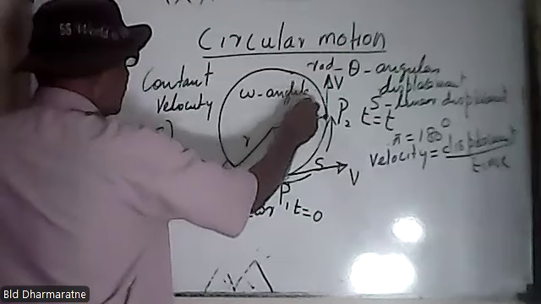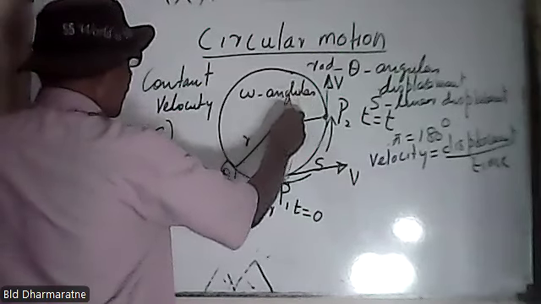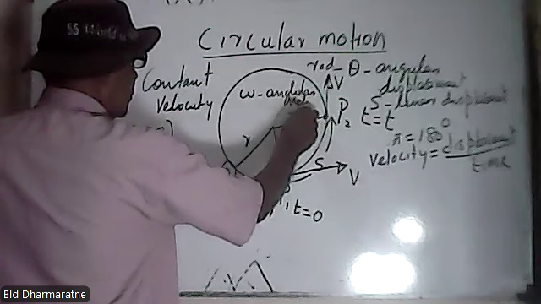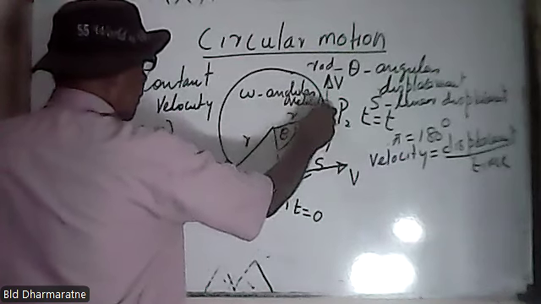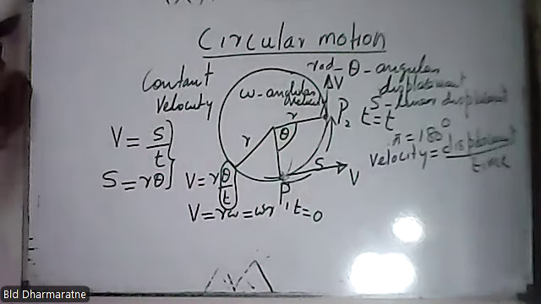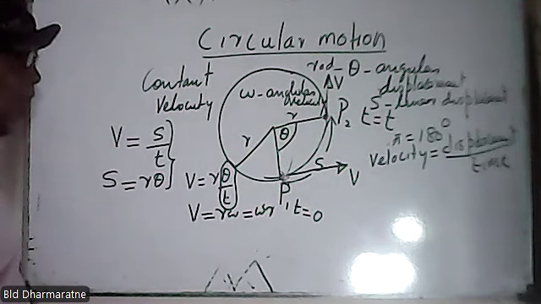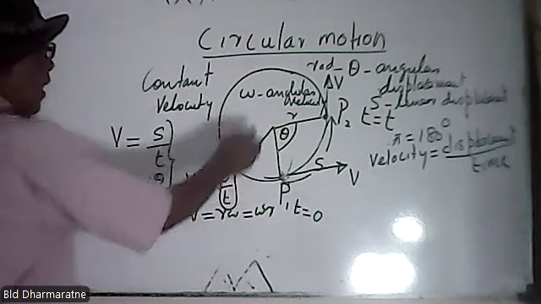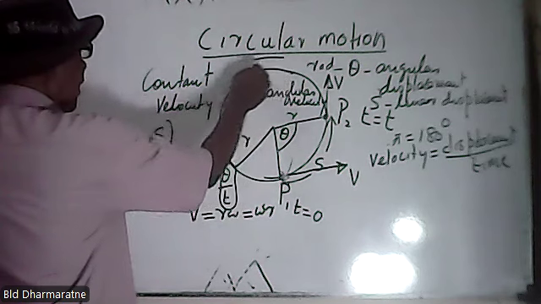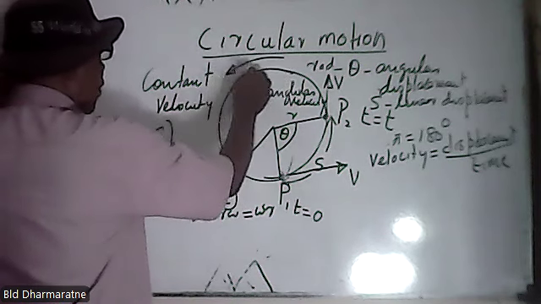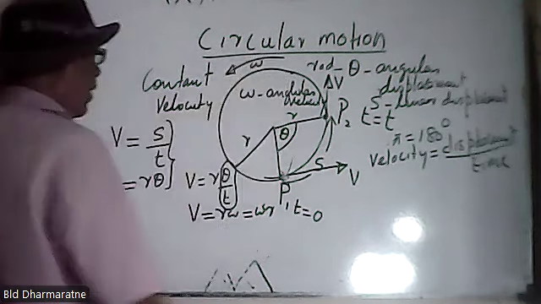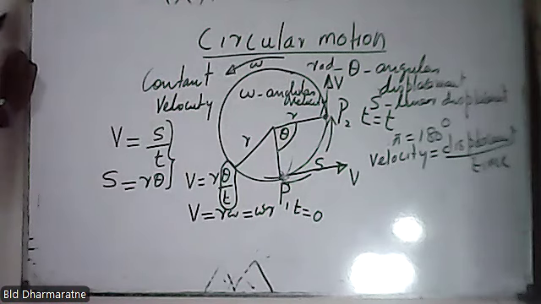The angular velocity is also constant here. We normally denote it by omega, the angular velocity in the circle.